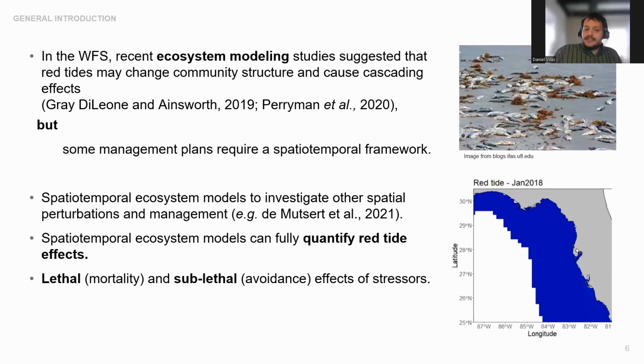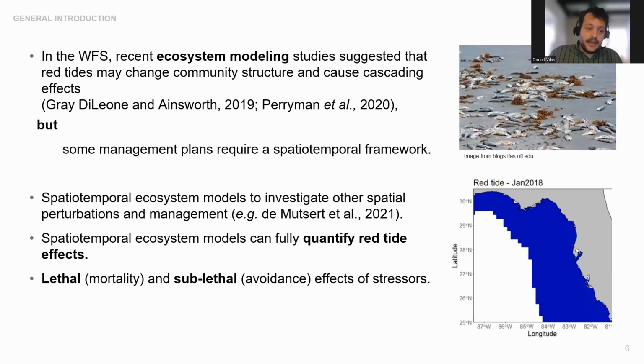And spatial temporal ecosystem models have already been used to investigate management plans. For example, the work that Kim de Mutsert has done in the Mississippi River Delta with different restoration scenarios. So spatial temporal ecosystem models can fully quantify those spatial temporal impacts.